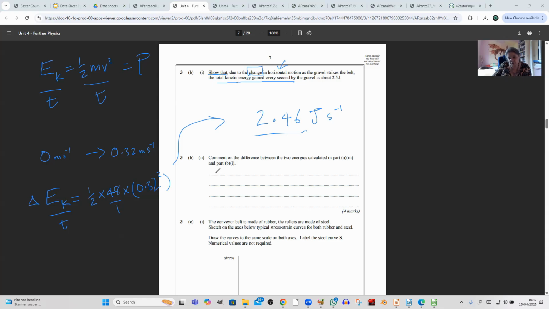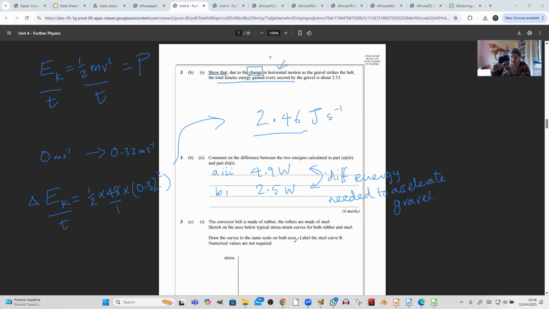So in A, I we got 4.9 watts, and in B, I we got 2.5 watts, and the difference is the energy needed to accelerate the gravel. Okay, and where does it end up?